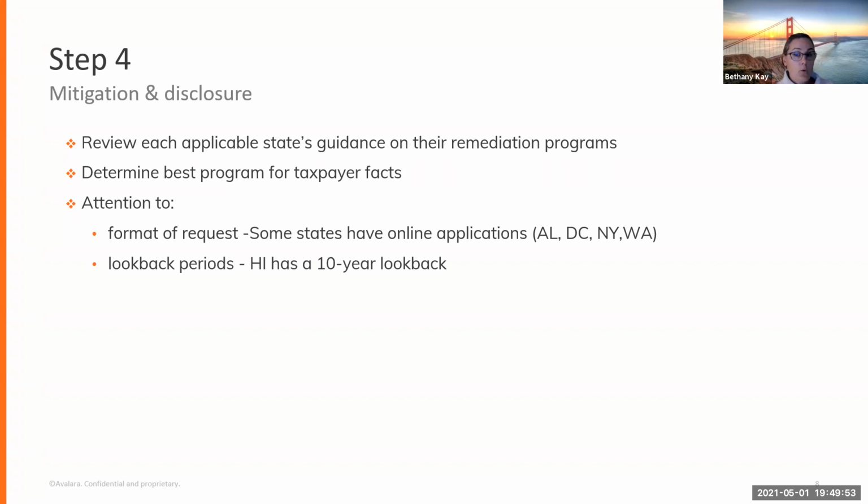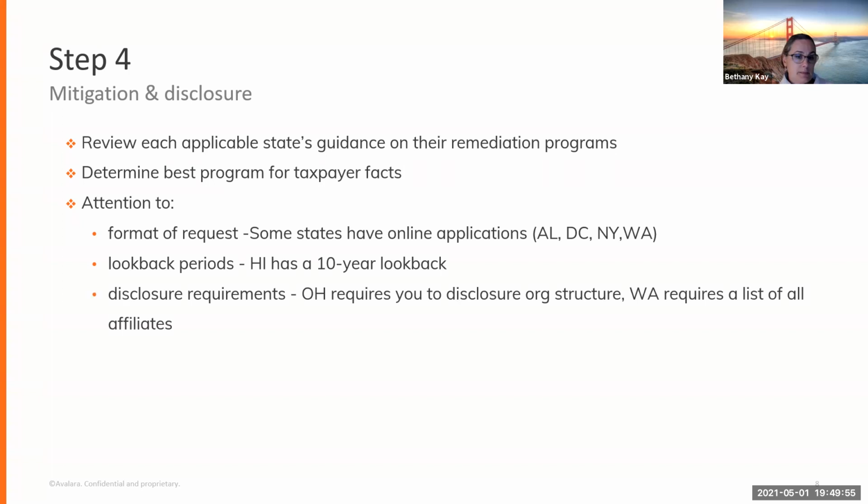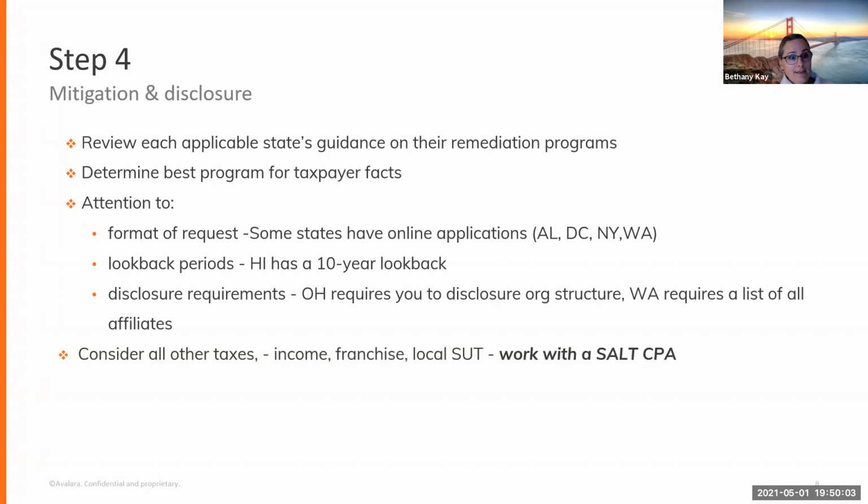For example, Hawaii has a 10-year look back. Typically, it's 3 to 4 years for most states. Maybe there are other disclosure requirements like disclosing your org structure or your list of all affiliates. And then you're really going to want to consider all the taxes as part of this process. You may have to disclose and deal with income and franchise and other local sales and use tax.